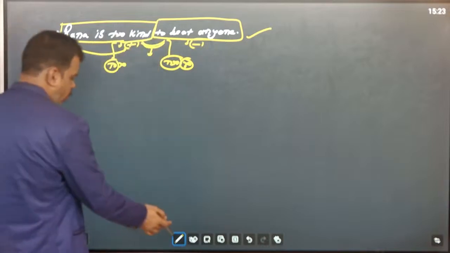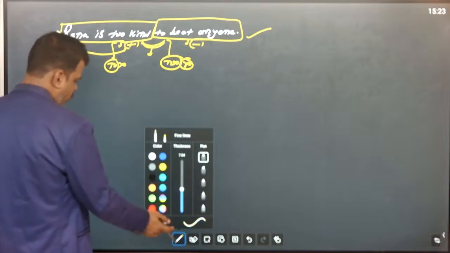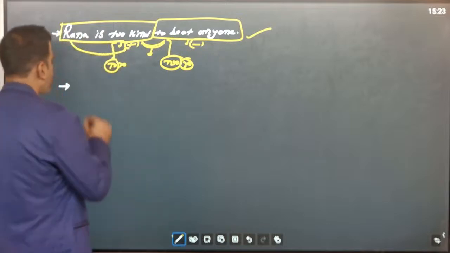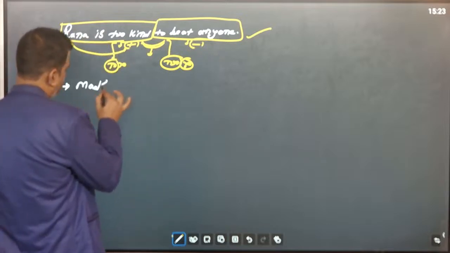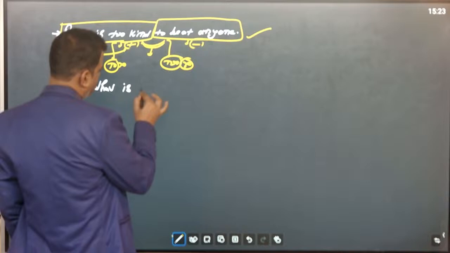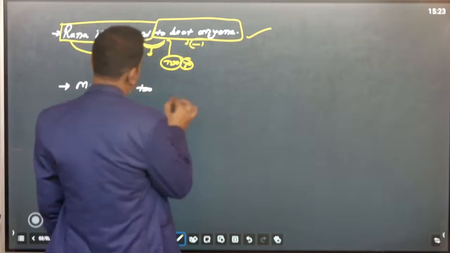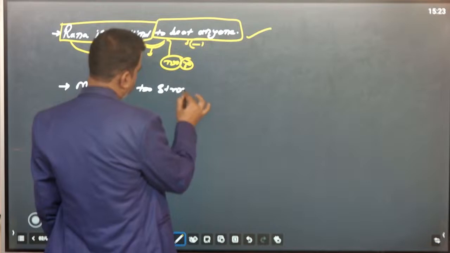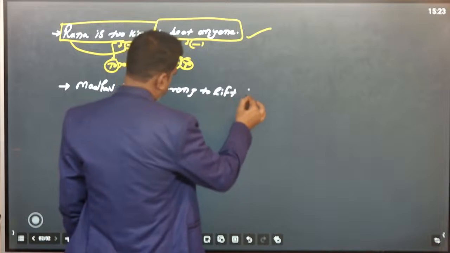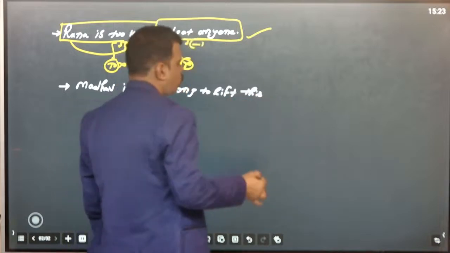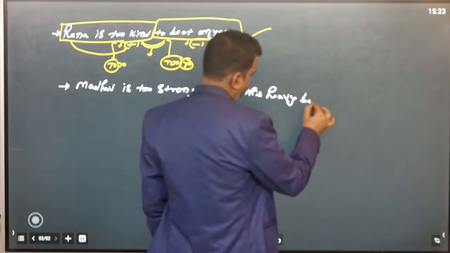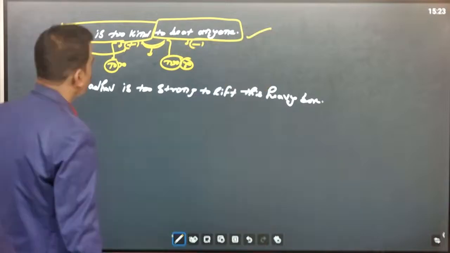Now, one more example. Madhav is too strong to lift this heavy box.